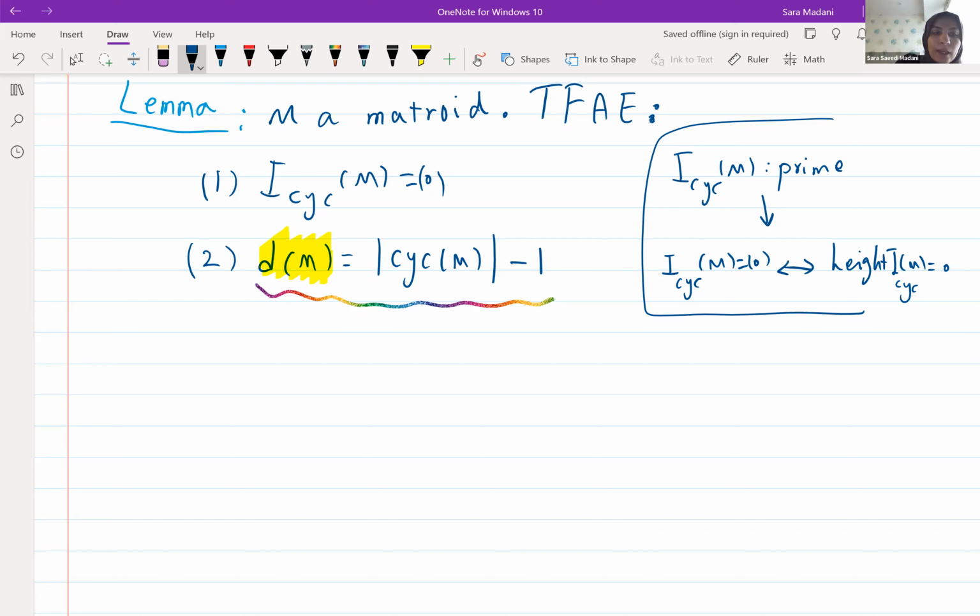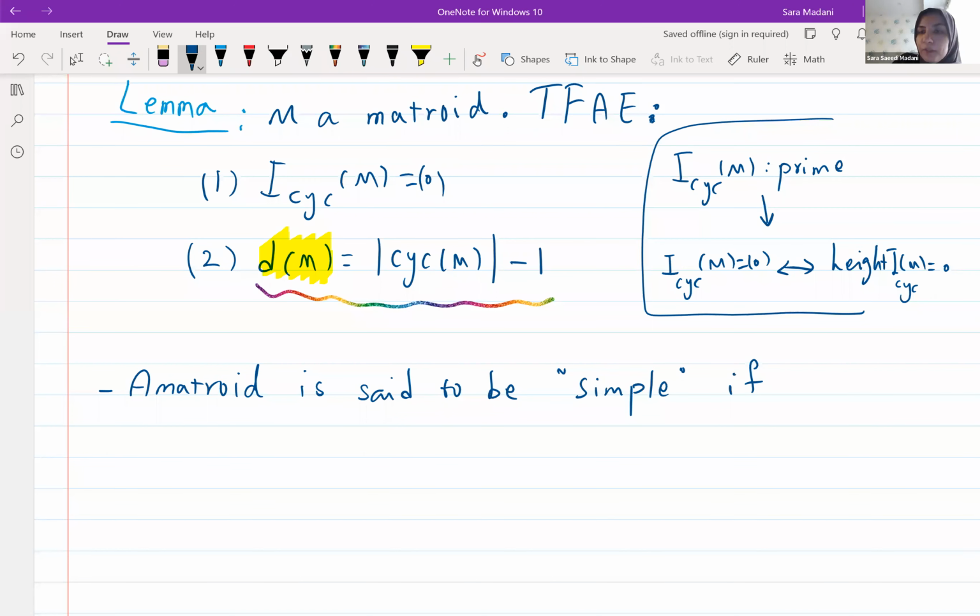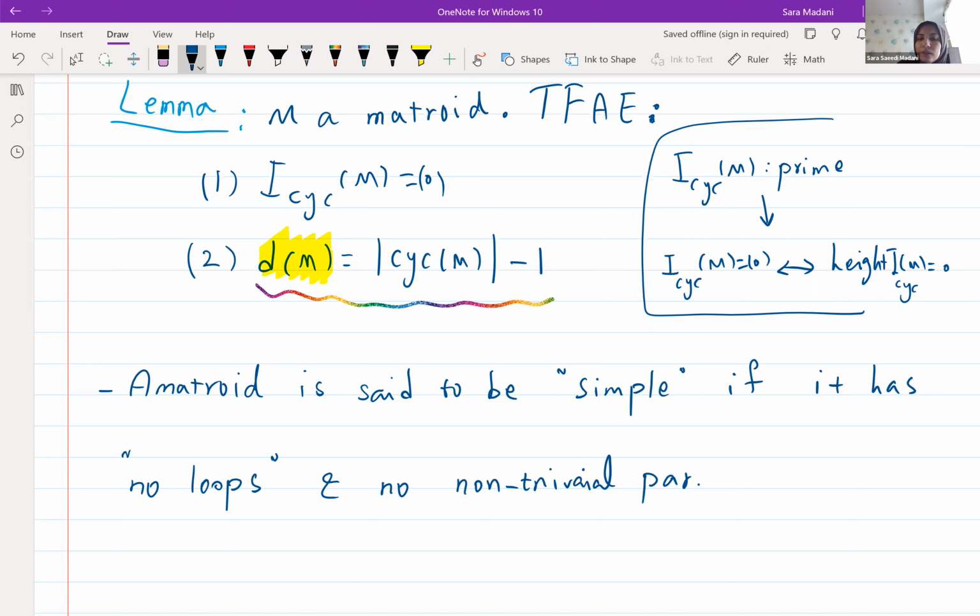So a matroid is said to be simple if it has no loops and no non-trivial parallel classes.